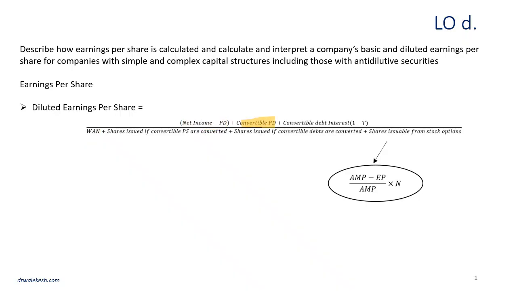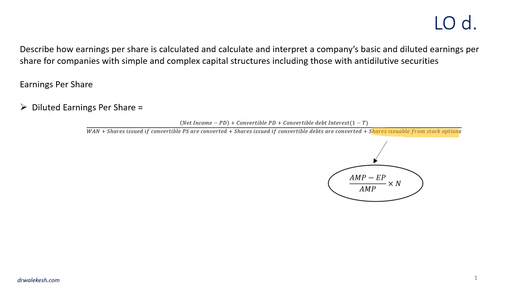This is earnings available to preferred stockholders all over the shares issued if the convertible preferred stock are converted. This is the earnings available to debt holders all over the shares issued if convertible debts are converted. And we should be fine with this.